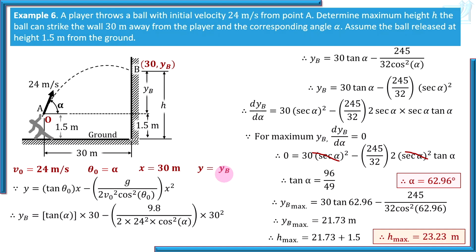Just follow the procedure. Visualize the motion, and to visualize it, draw a line diagram of the motion and follow the procedure. Choose the origin, write coordinates. If motion starts and ends at the same level, we have not yet solved that type of problem, but we'll solve it in another lecture. Check whether the equation of path can be used, and if it is not sufficient, then use equations of motion. This is the right procedure.